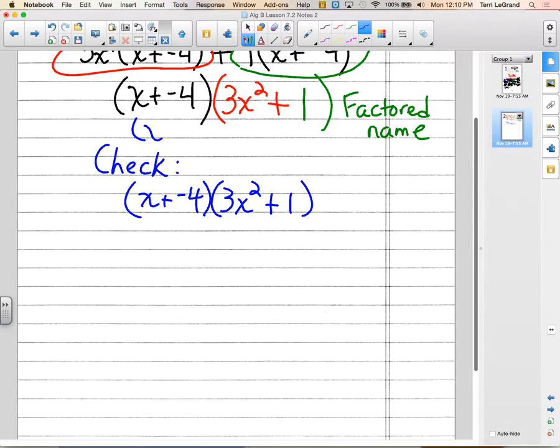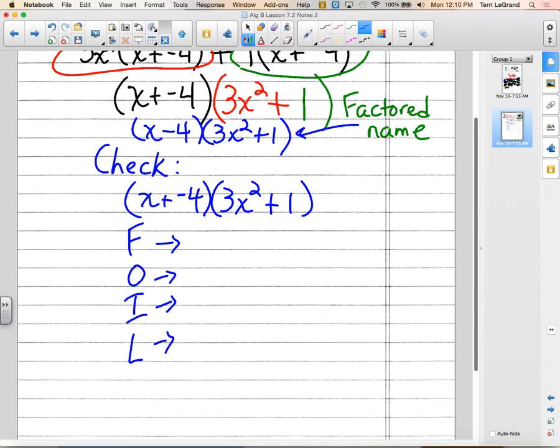X minus 4 times 3x squared plus 1. We don't want the cleaned up name for checking, but for the actual factored name, we do. I'm going to use FOIL this time. You use whatever method you want, but show a check problem. You have to show those, that's why you only have 6 of these to do.